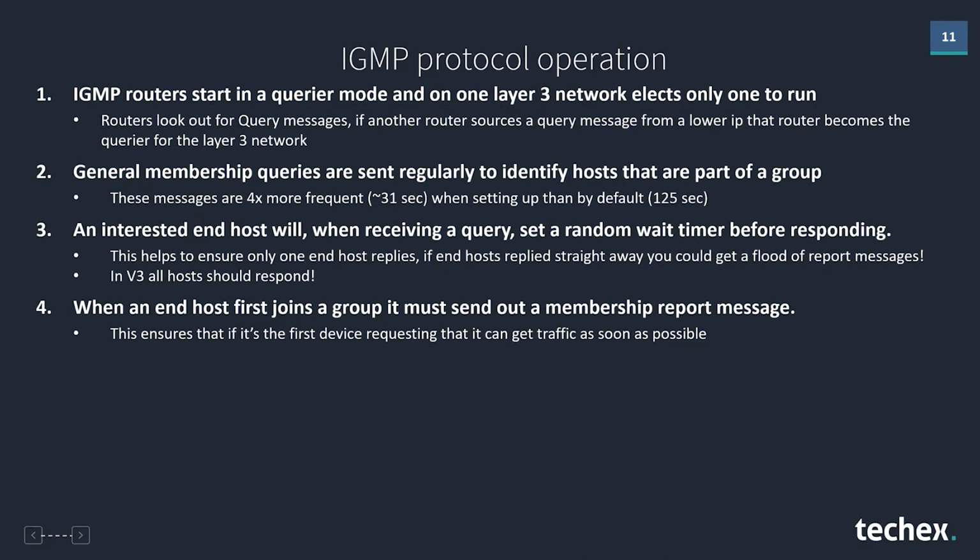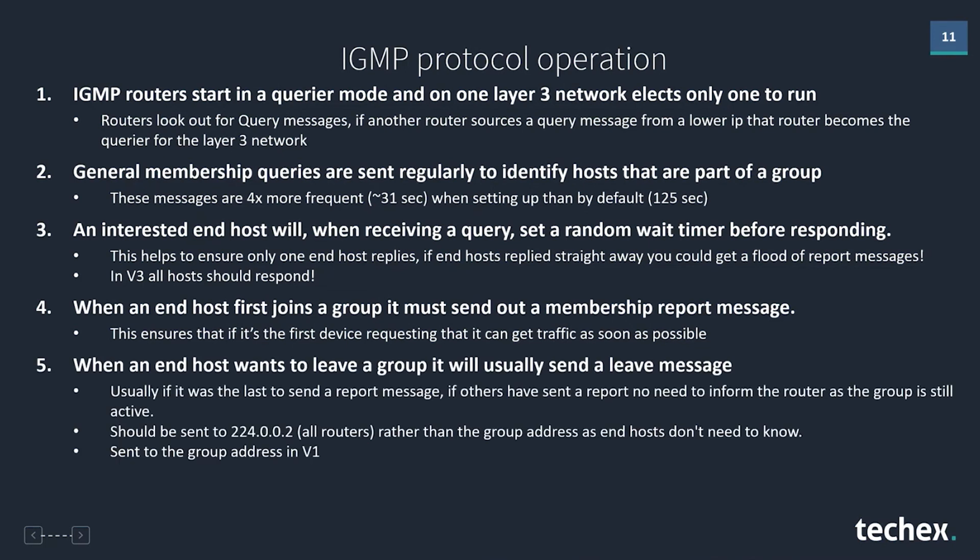And if it doesn't do that, then it has to wait for the general membership query to be sent out. So by default, a device will initially send that report message to then initiate all the traffic, regardless of whether there's other devices on the network. And as I said, that just ensures that the first device that is ever turned on into that group actually gets the traffic as soon as possible, because otherwise it would have to wait.